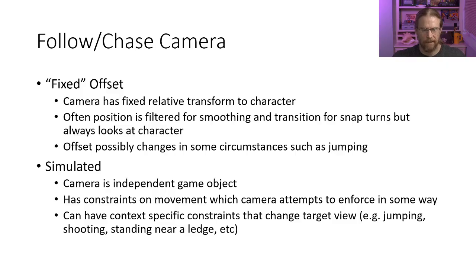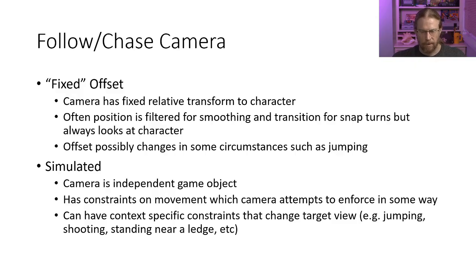We will generally stay at the fixed distance, but if there's a very rapid turn, there might be some smoothing in those cases, and then maybe changing the angle of the offset if, say, the character is jumping or doing a certain type of maneuver. It'll change briefly. And then perhaps also a few examples of actually moving the camera closer, which blurs the distinction between what's a fixed offset camera and what's a fully simulated camera.